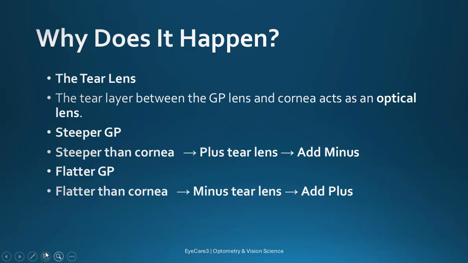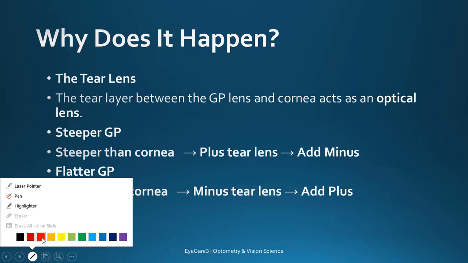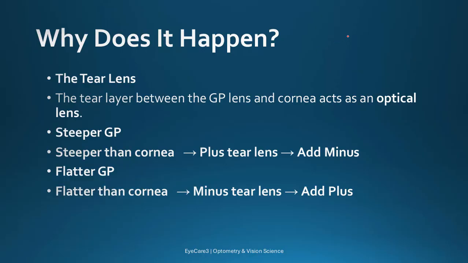I'll show you with the diagram how this is formed. Let's suppose this is the cornea, and I've put a contact lens steeper than the flatter meridian of the cornea. Then you see here the tear lens formed. It has the shape of a convex lens, which means that it has a plus tear lens power, that it will create additional plus power in the contact lens.